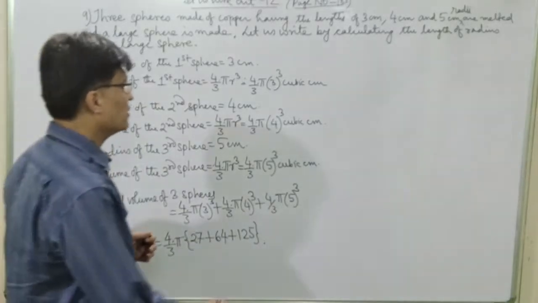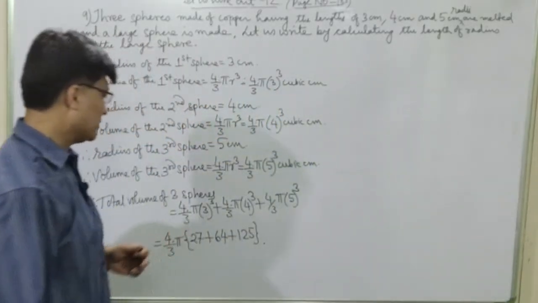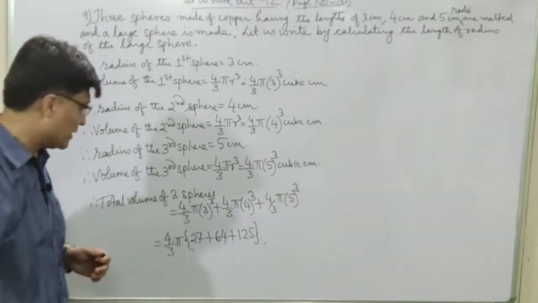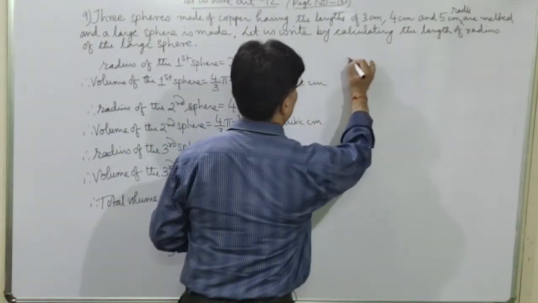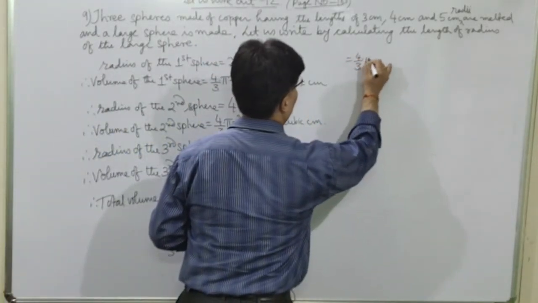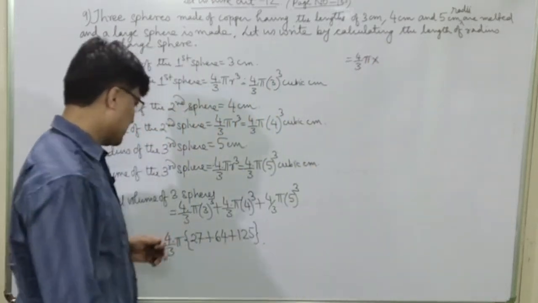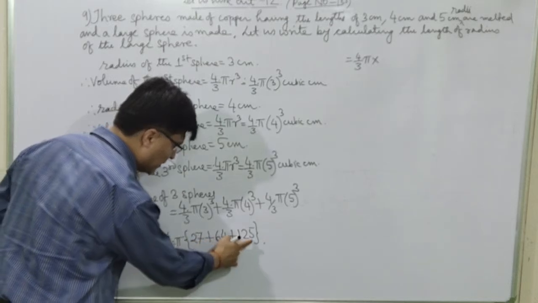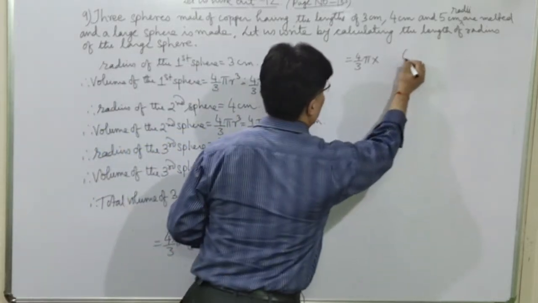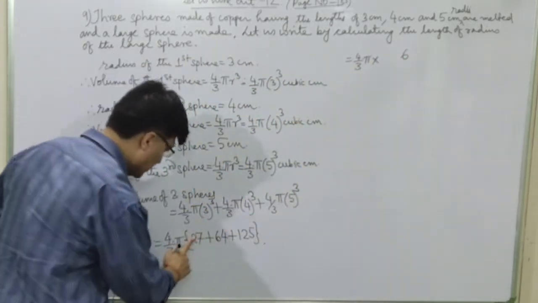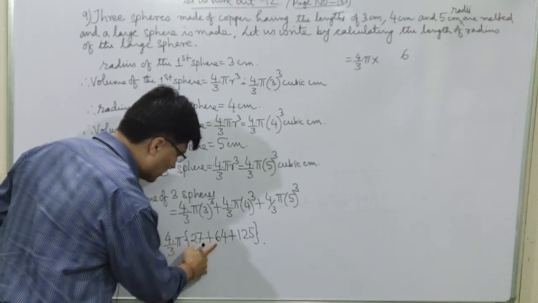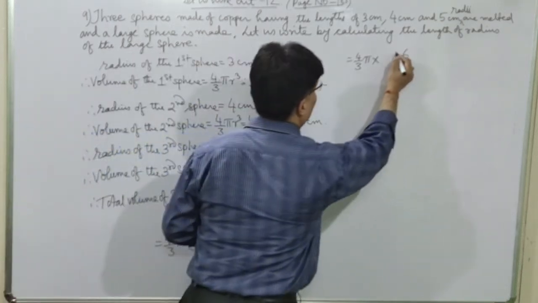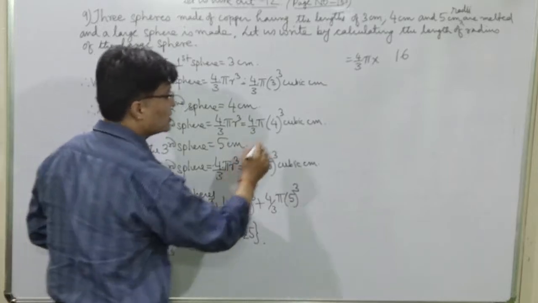So let us simplify it further. You can add those numbers within the second bracket. So which is equal to 4/3 pi into, so let us add them. 7 plus 4 is 11, 11 plus 5 is 16, 6, 1. 1 plus 2 is 3, plus 6 is 9, 9 plus 2 is 11, 1. 1 plus 1 is 2.